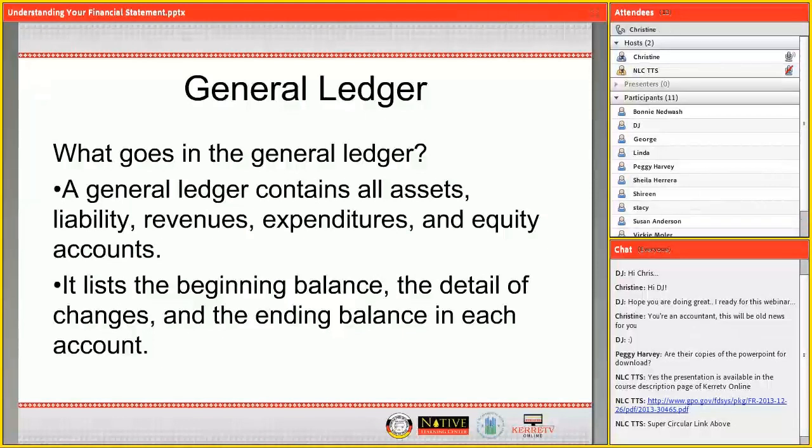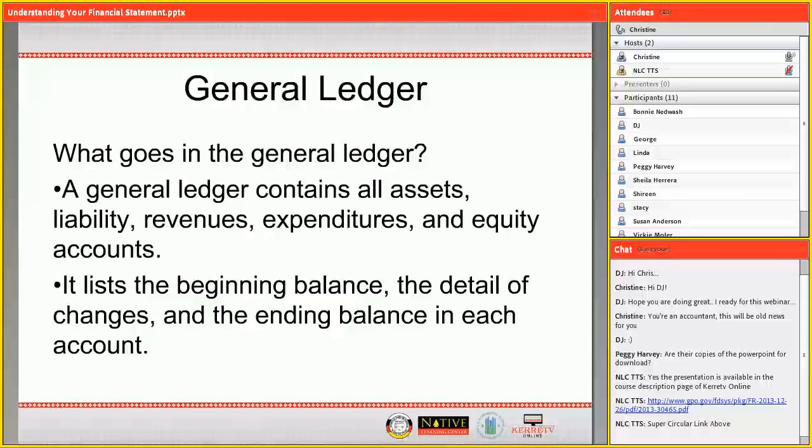And each bank account will have all of the activity that has gone in, every deposit, every check, and if you have made any adjustments. That's where all of the detail is going to be. List your beginning balance, detail of the changes, and the ending balance in each account.